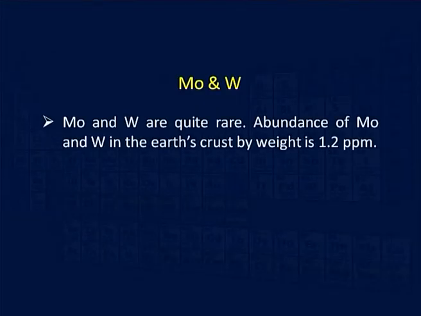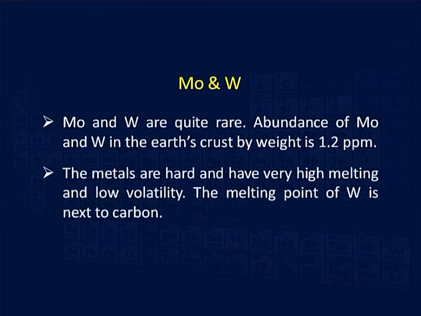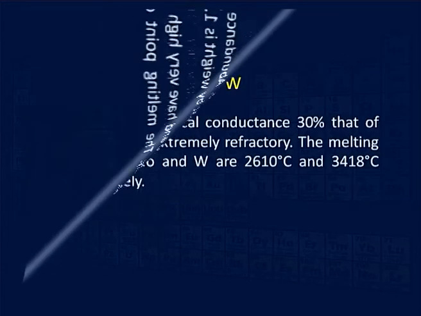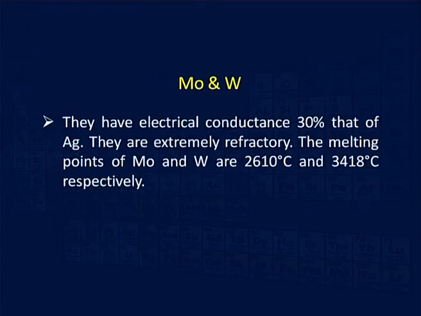The next group we have is molybdenum and tungsten. Molybdenum and tungsten are also rare. The abundance of both these metals in the earth's crust is only 1.2 ppm. Both these metals are very hard and very high melting, and they are also of low volatility. The electric conductance of these metals is 30% that of silver.